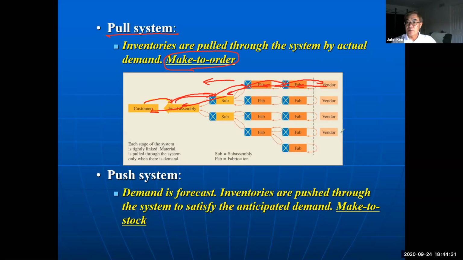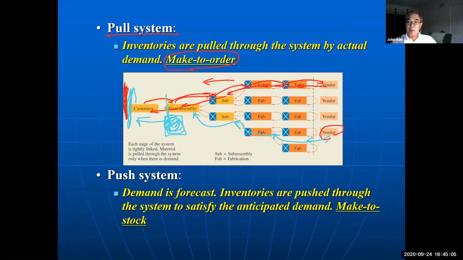So forecast future demand, and then just make and then send it down to the next and next, and then inventory somewhere, then when needed, send like this.